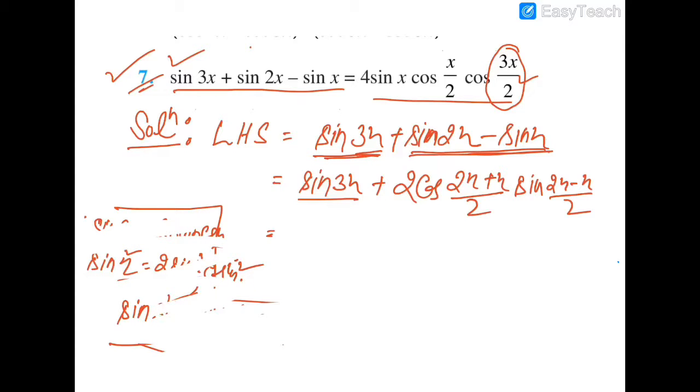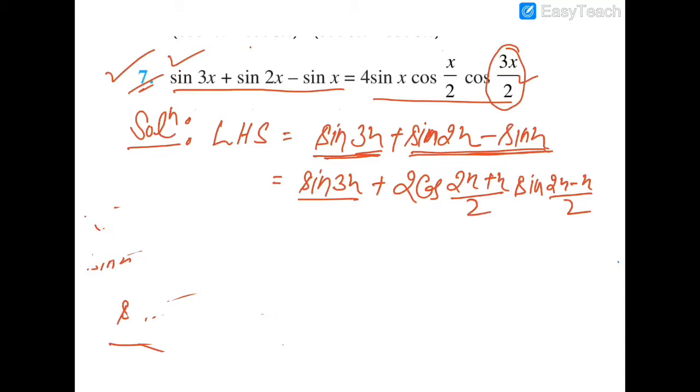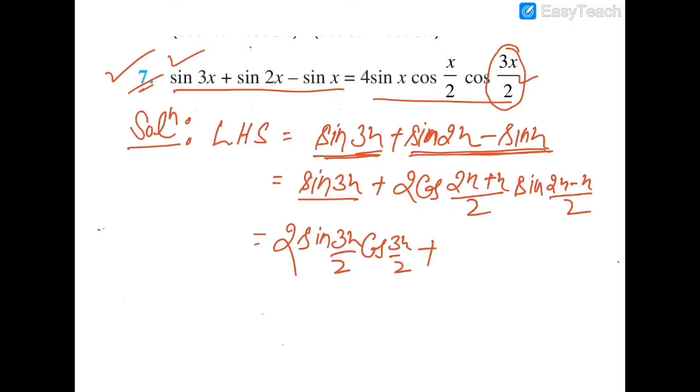So same concept you are going to apply in this question now. Applying the same concept, you get 2 sine 3x by 2 cos 3x by 2 plus, here is 2x plus x by 2, so you will write 2 cos 3x by 2 into sine x by 2.